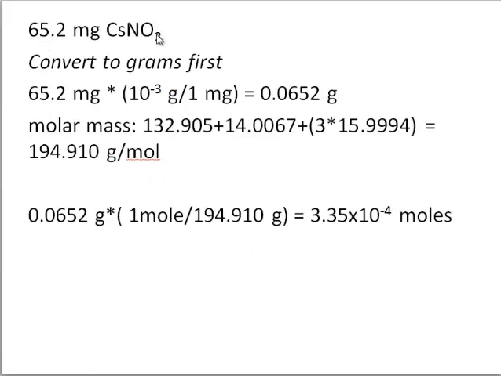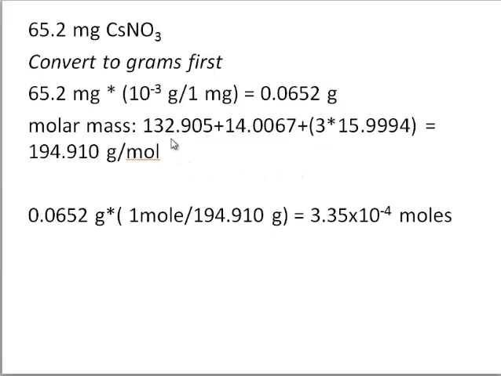First, let's consider the cesium nitrate, 65.2 milligrams. Molar masses relate moles to grams, so it's necessary to convert this quantity to grams. 65.2 milligrams multiplied by the unit conversion factor from milligrams to grams gives 0.0652 grams.